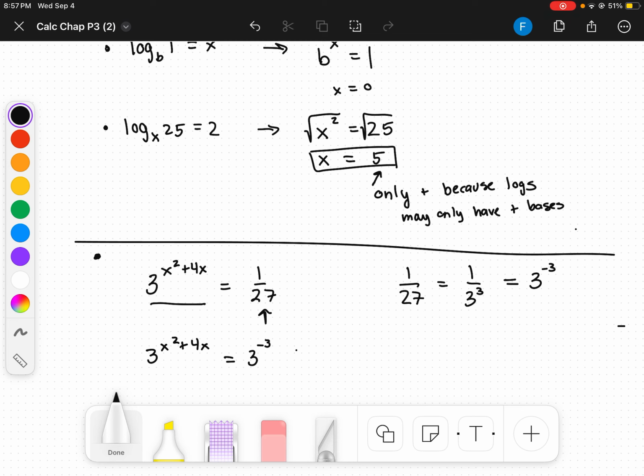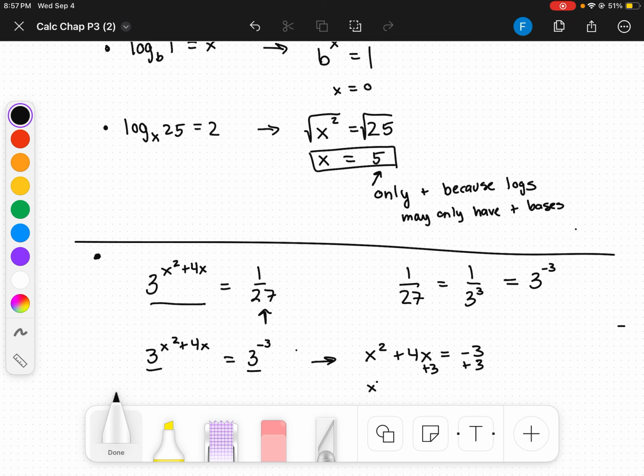Well, now you can see that you have the same base on both sides. For this equation to hold true, your exponents would need to equal each other. So I can rewrite this as x squared plus 4x equals negative 3. At this point, this looks like a quadratic. So I'm going to want to add 3 to both sides.